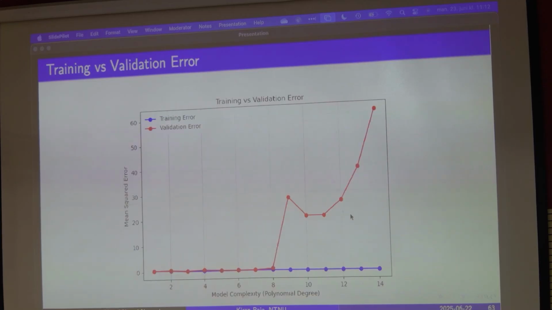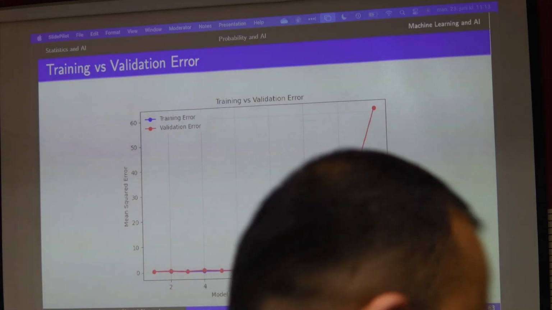So there are two paradigms which typically look at these errors. And here I'm plotting two different errors. One is the training error, which you can see here. After a certain number of iterations, a certain number of epochs that Professor Nain was talking about, you see that the error rate becomes very low. It gets to almost zero, while the network starts behaving very erratically when it comes to the validation part.